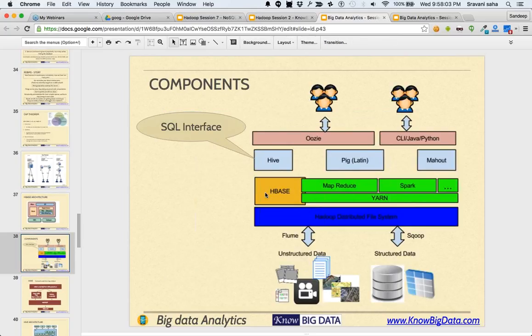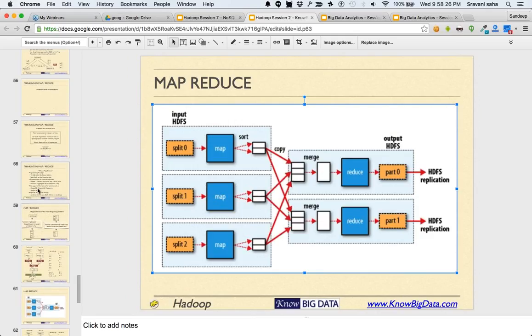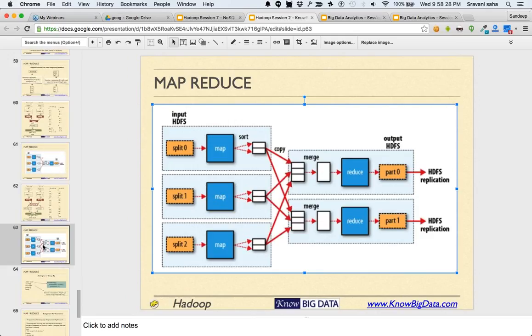So that's about HBase. Now, when you want to read data from HBase, you are only allowed to do get and put. You can insert a row, update a row, delete a row, but in a very rudimentary way. I will try to execute some of the commands which we have discussed today.